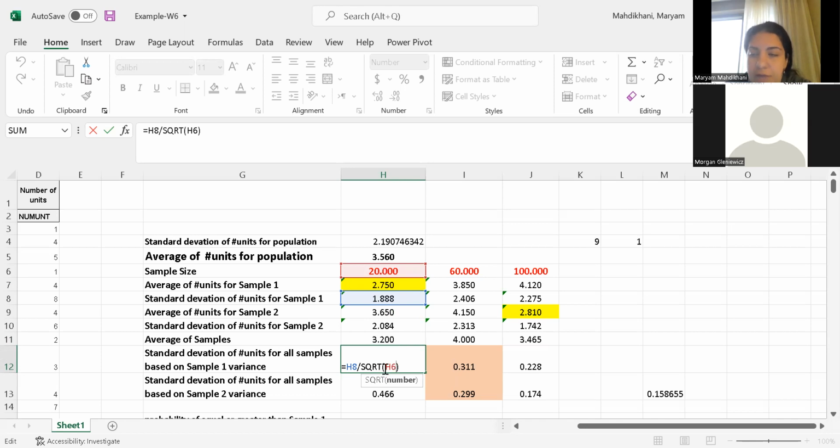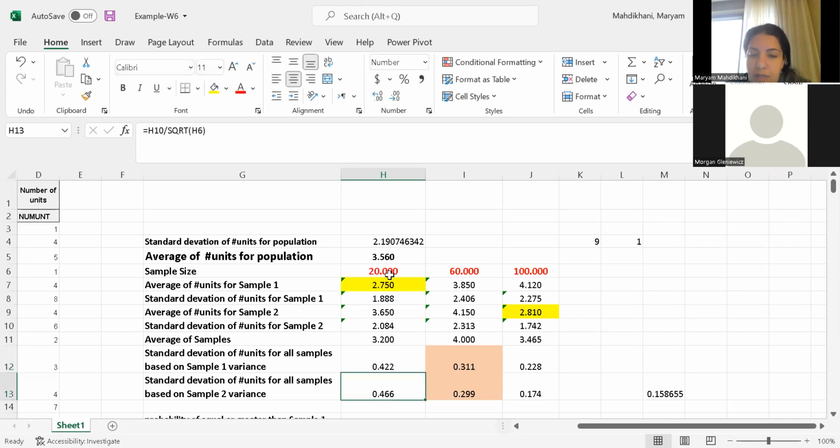In Excel, in order to have a square root, just type SQ, and then it shows you SQRT. Choose that, and then choose the number that you want to take the square root of. The first sample size was 20, so I chose 20 here. Now if I hit enter, that gives me the standard deviation for all the samples based on the sample 1 variance.